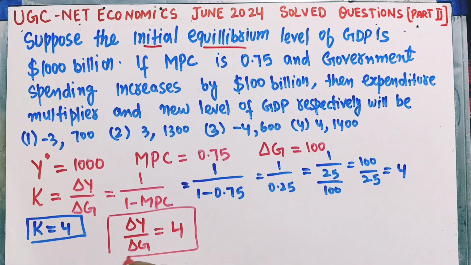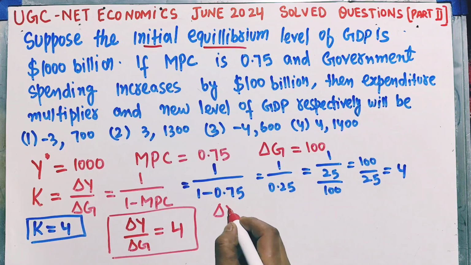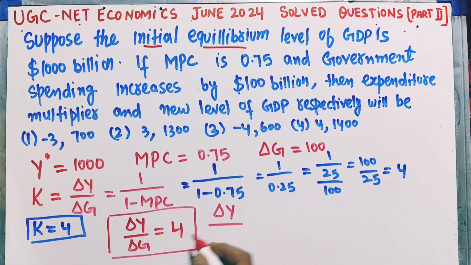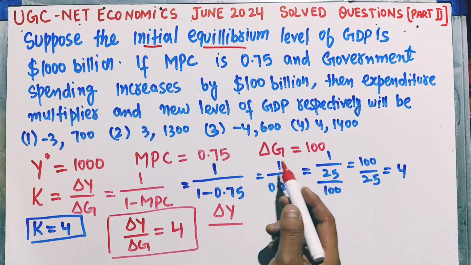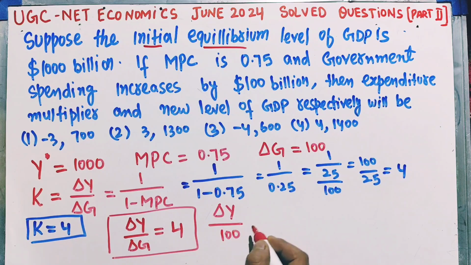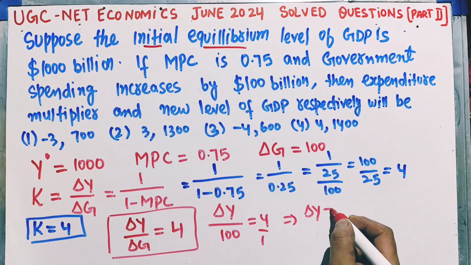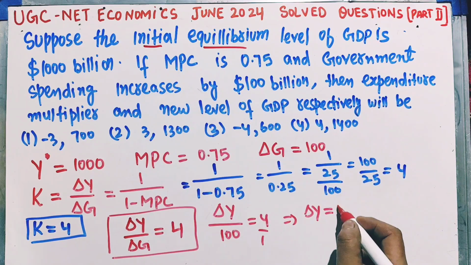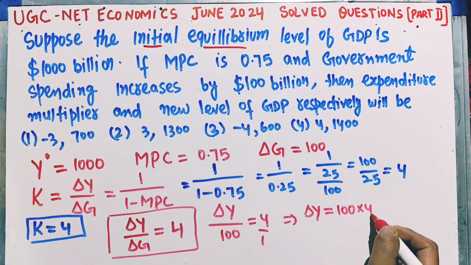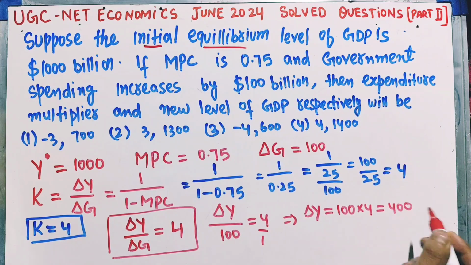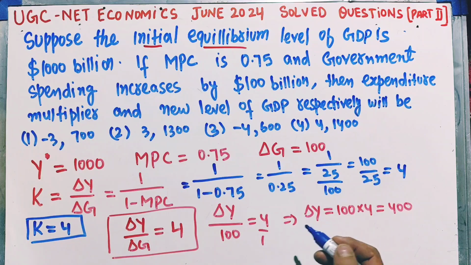So change in income divided by the change in government spending, which is given as 100, should be equal to 4. Cross multiplying, we get the change in the level of GDP equal to 100 into 4, which is equal to 400. Now what will be the new level of GDP?